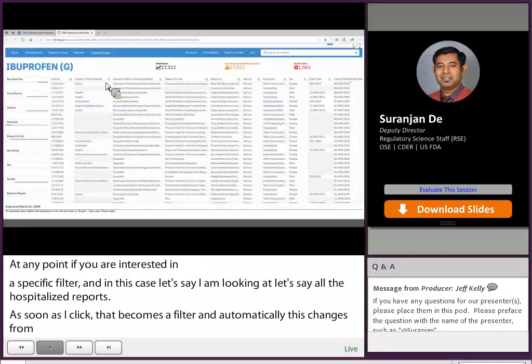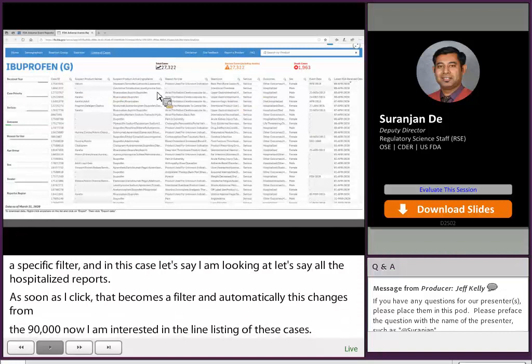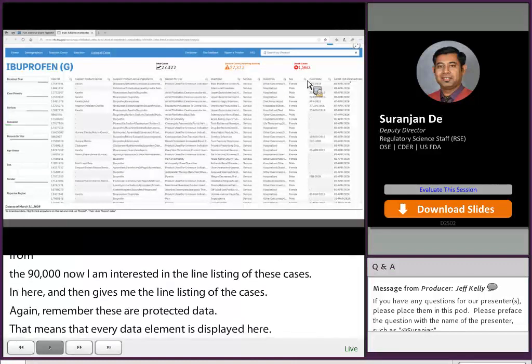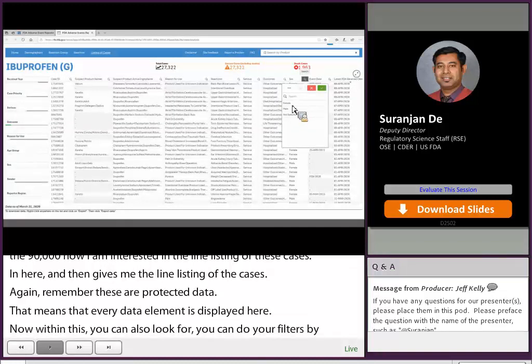Now again, remember, these are redacted data. That means not every data element is displayed here. And now within this, you can do your filters by clicking on a specific data field. Let's say I'm looking at all males.